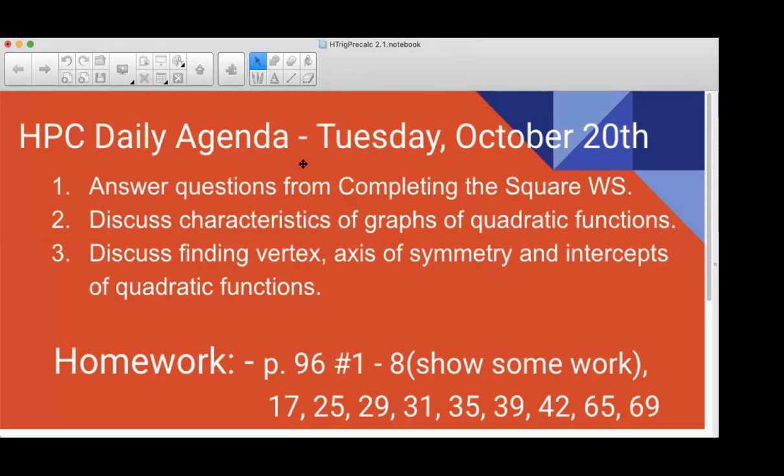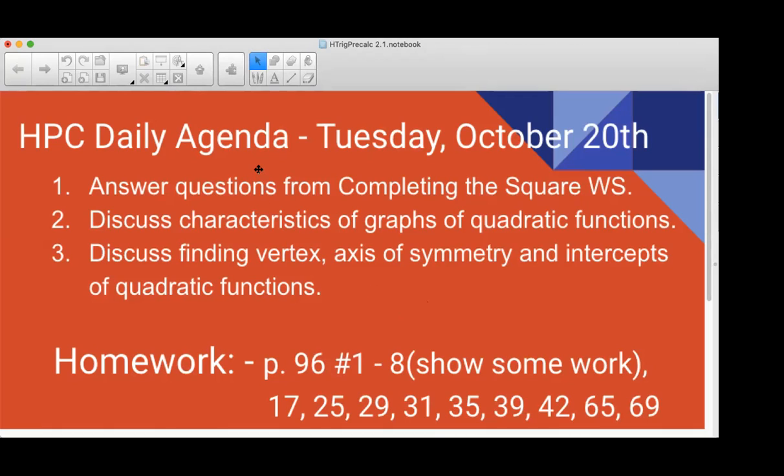Today we're going to talk about quadratic functions and characteristics of quadratic functions, meaning the vertex, the axis of symmetry, the intercepts. So we'll look at finding all of that information for a quadratic function, and we're going to use completing the square to help us get there.